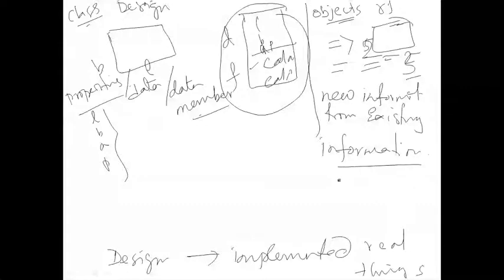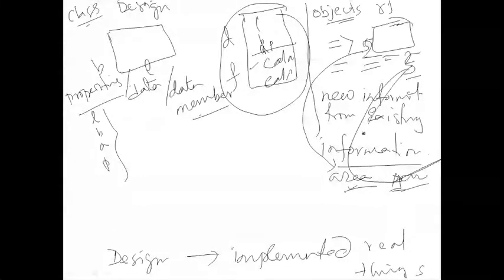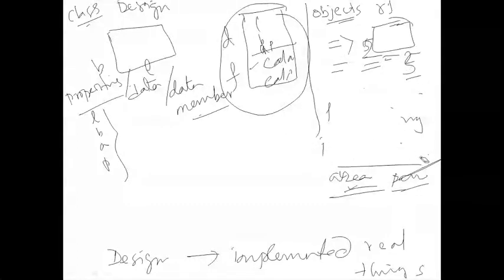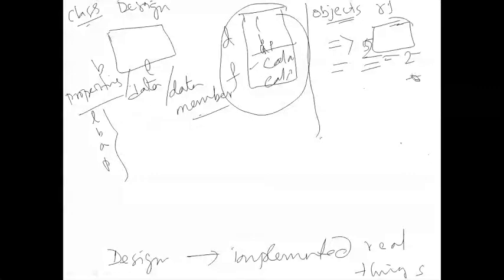Here the new information is the area we have calculated and the perimeter we have calculated, from these 2 things. So this is called manipulation of objects. To manipulate objects, what we need is function.